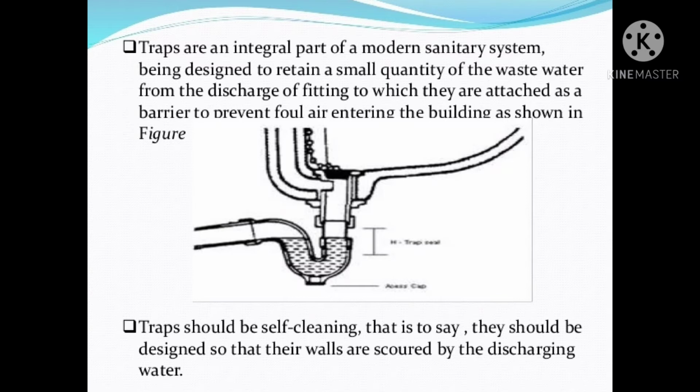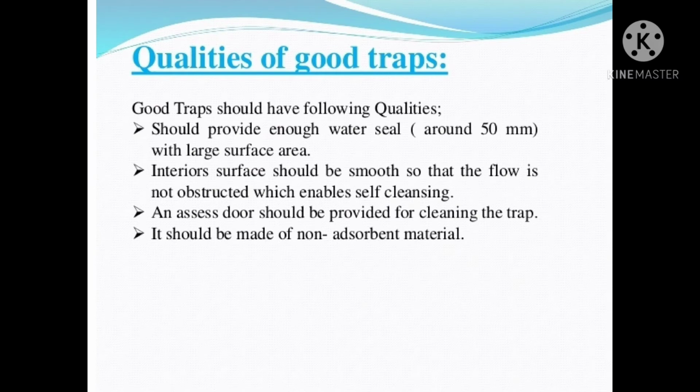So this is the trap portion. In the sketch it is clearly shown that this one is the trap portion. Traps should be self-cleaning, that is to say they should be designed so that their walls are scoured by the discharging water.